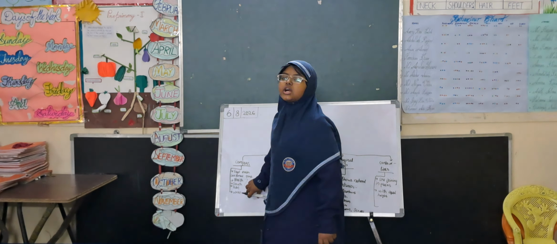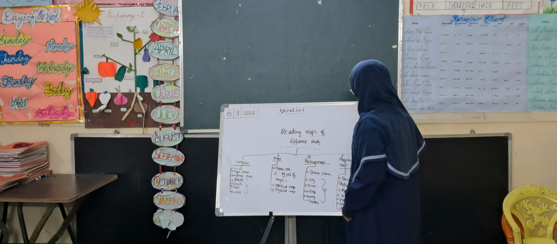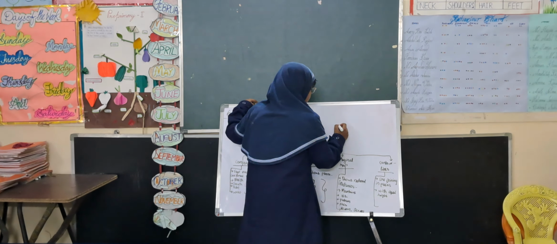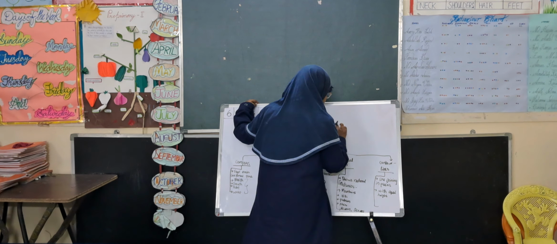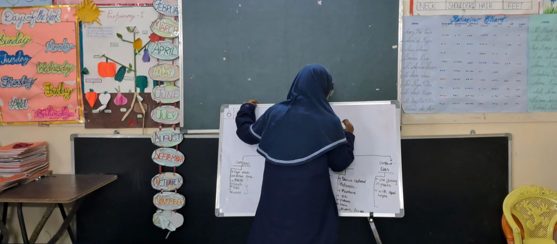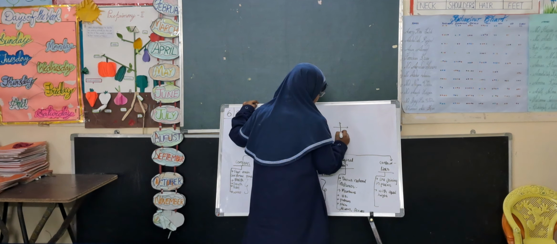These are the four main cardinal points. A compass shows us the directions. Let me show you an example: this is north.